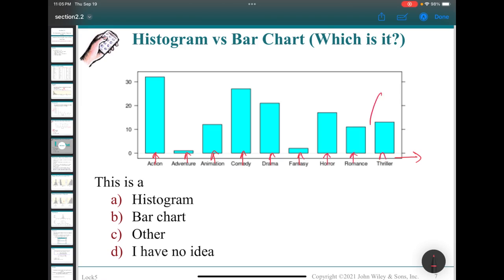And we have gaps between bars. So this is a bar chart. So you should be able to clearly differentiate what is a bar chart, what is the histogram. Bar charts for categorical variables, histograms for quantitative variables.